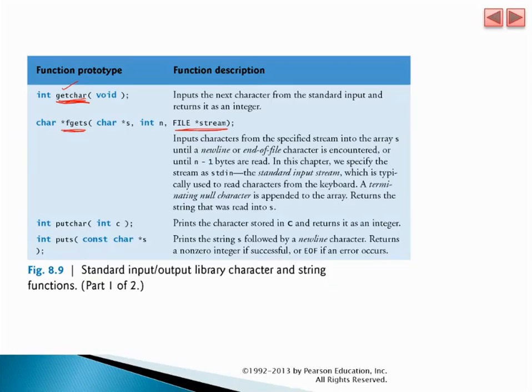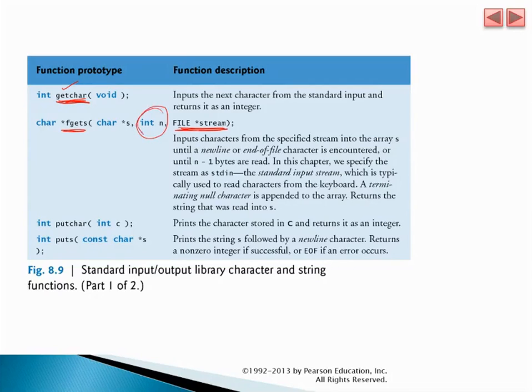But if you want the input from some other stream, from some file or array, then you can use fgets and specify that stream. It will keep on taking the input until a newline or end of file character is encountered, or n minus 1 bytes have been read.